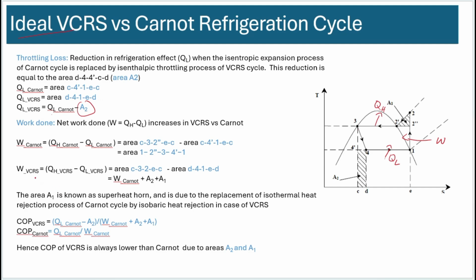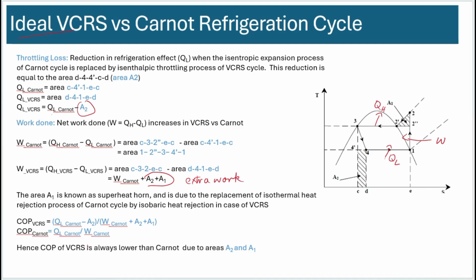For the VCRS, you have to find the area enclosed by this cycle first, which is the QH, and subtract it from this cycle, which is the smaller rectangle here. When you subtract that, you'll get these two additional areas on top of the Carnot area. So you will have to do extra work in the vapor compression cycle compared to Carnot.